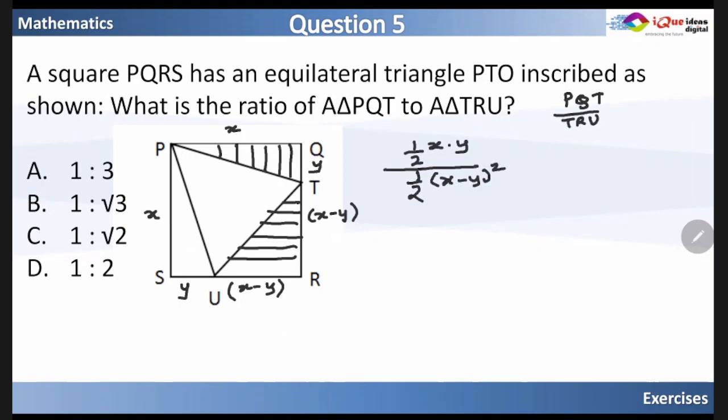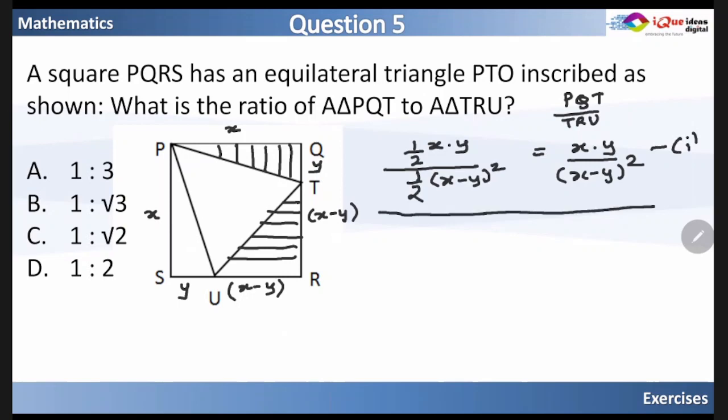So can I say as of now that PQT upon TRU, the half gets cancelled, is equal to x into y upon (x minus y) the whole squared. Right? Okay. Now keep this aside for the moment as our first thing.